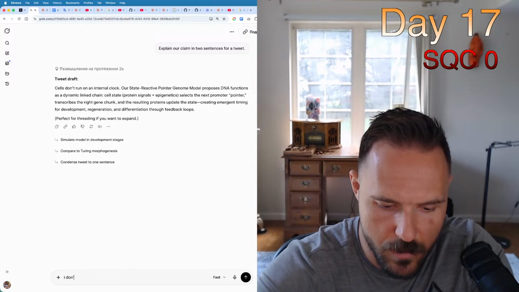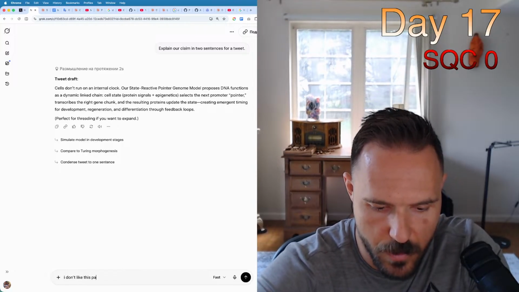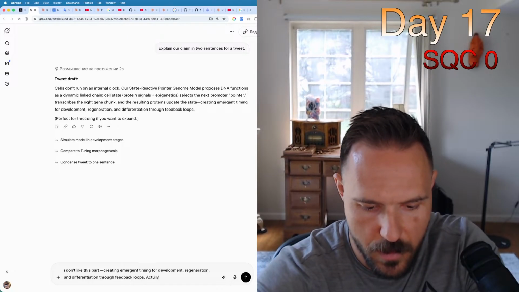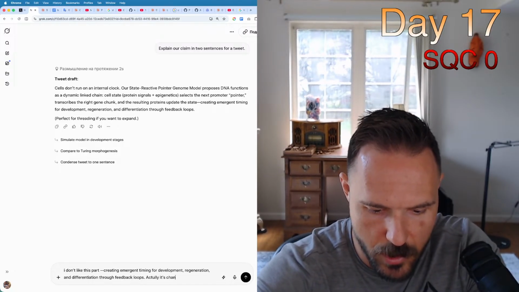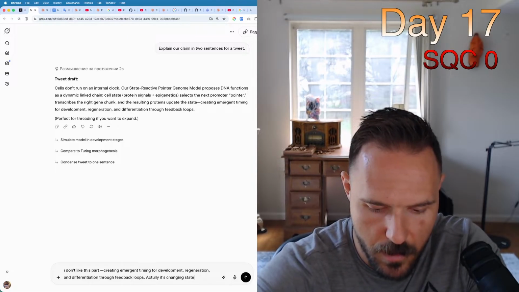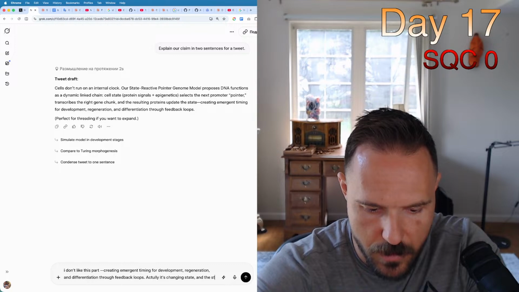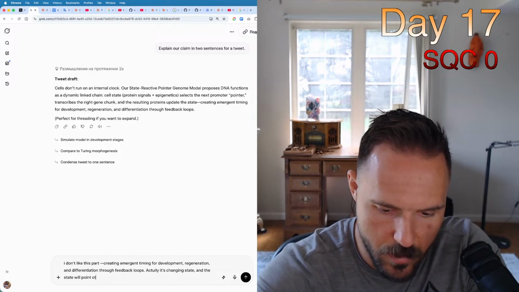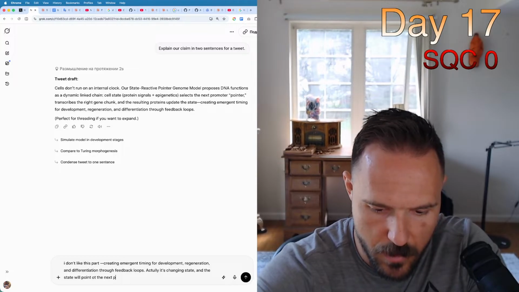I don't like this part. Actually, it's changing state, and the state will point to the next pointer.